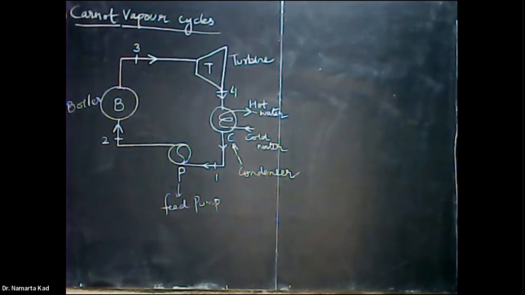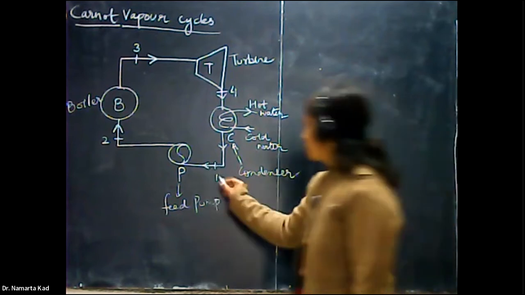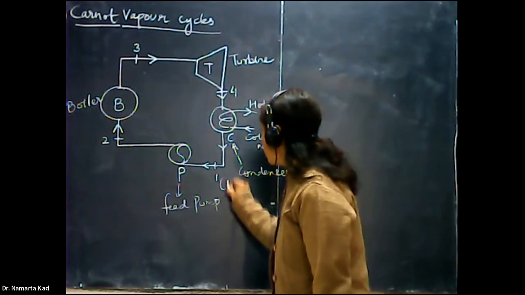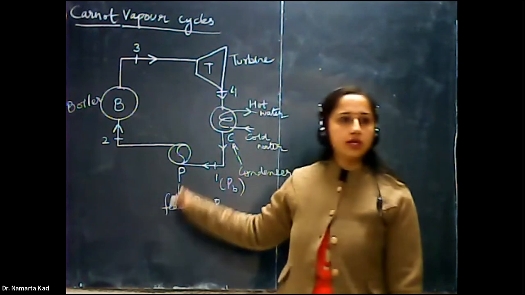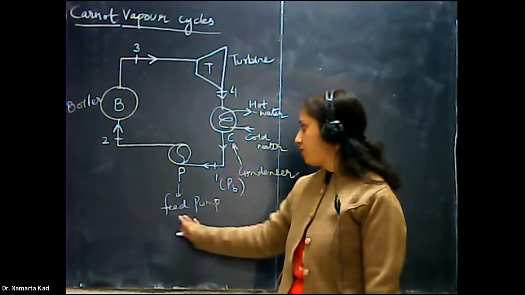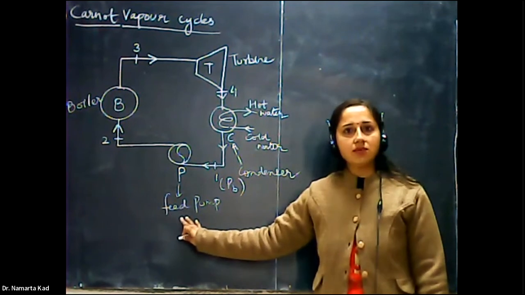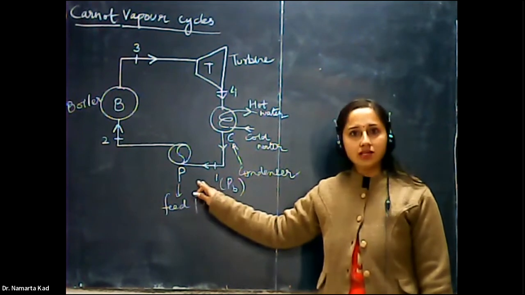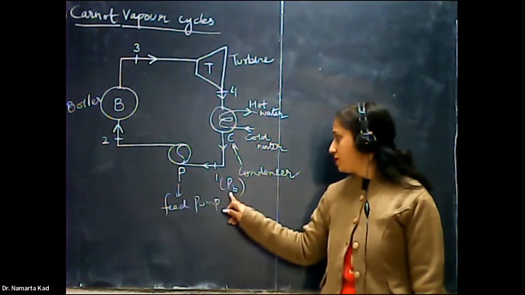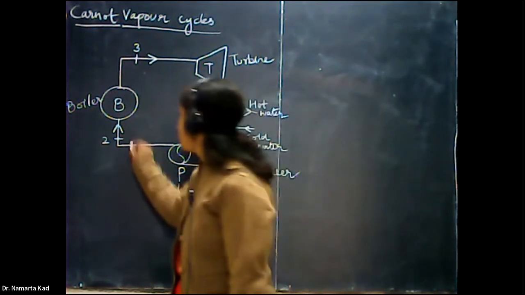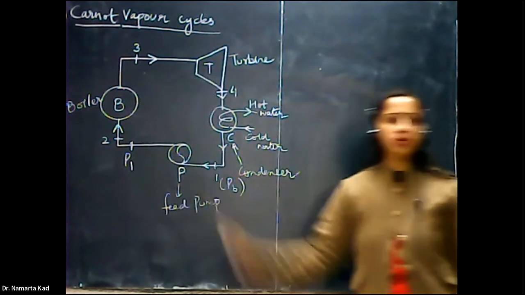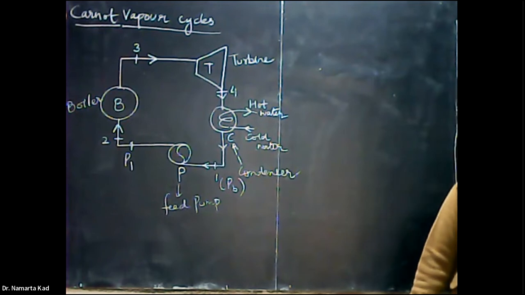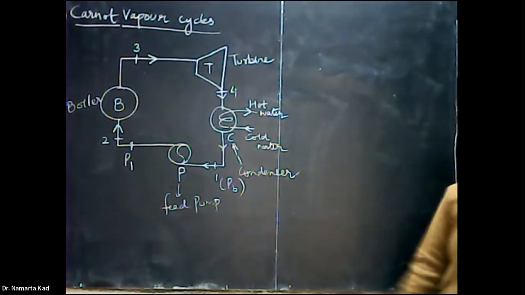The first stage is across the pump, and let us suppose at this stage the pressure is PB. We know that the feed pump increases the pressure of the condensate up to the boiler pressure. If here is the pressure PB and then here comes out the pressure, let us say P1, its function is to increase the pressure and work is done in the pump.